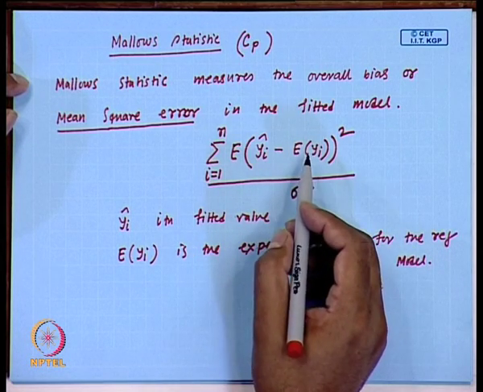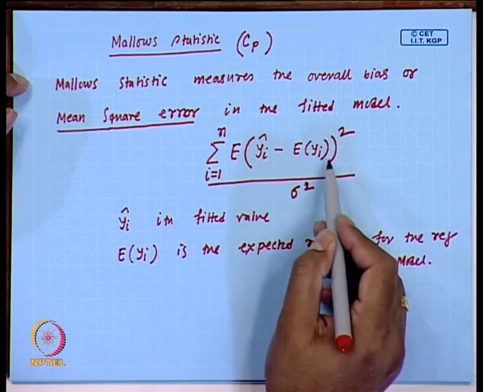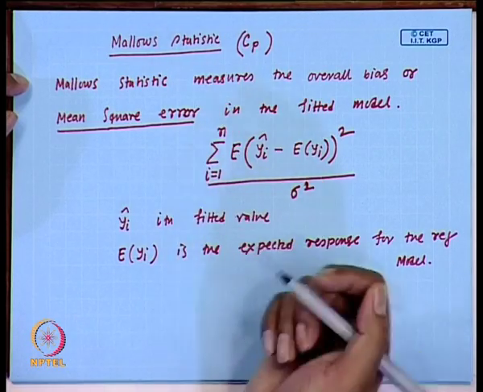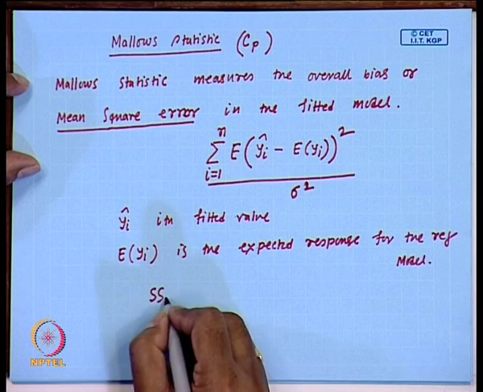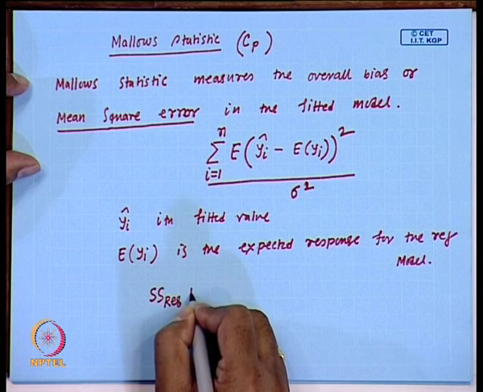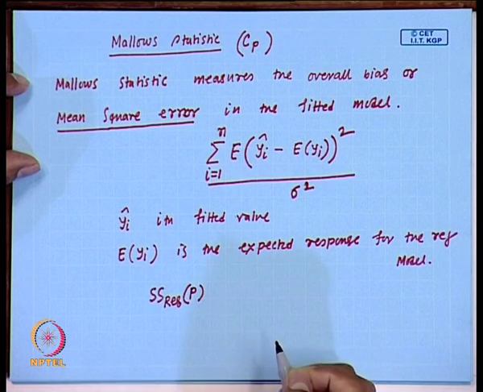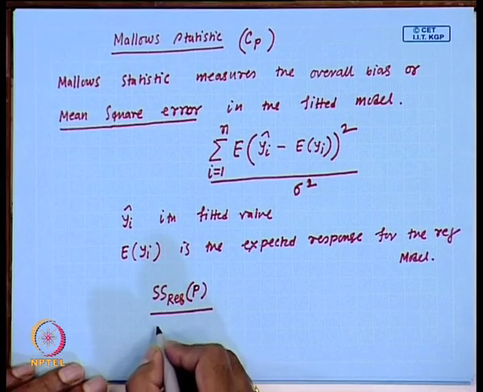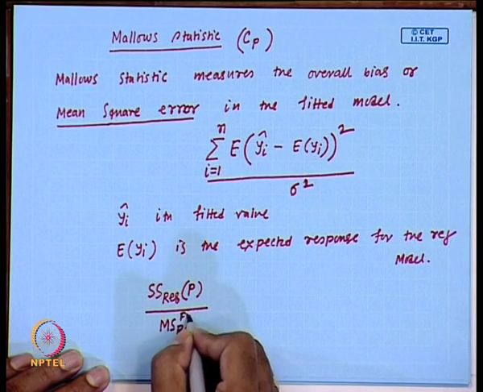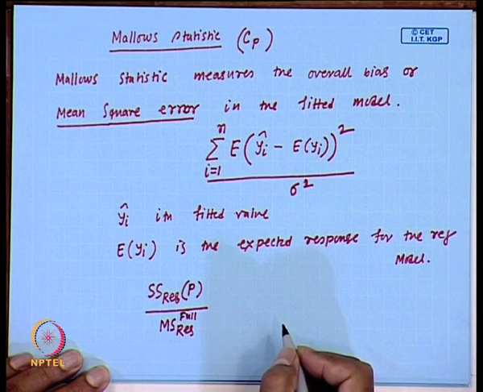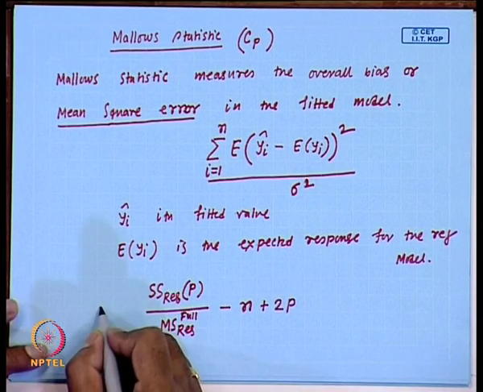Well, so this is called the mean square error, and it can be proved that this quantity can be estimated by SS residual for the model involving p minus 1 regressors, divided by MS residual, and this is for the full model of course, minus n plus 2p, and this one is denoted by Cp.